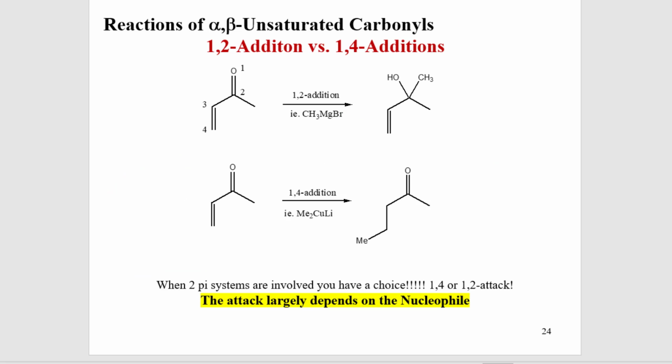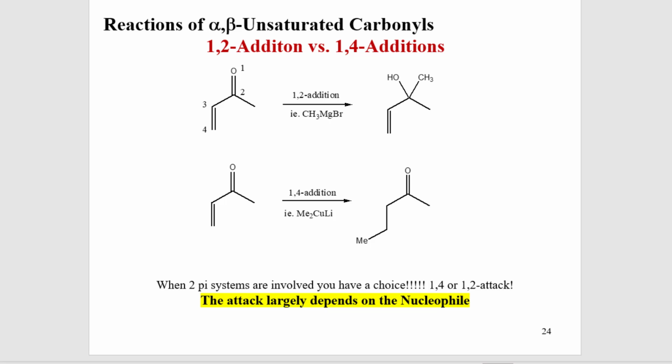The good news is that for the most part, the reactions that we covered that were indeed 1,2 additions, like the Grignard reaction, are still going to be 1,2 additions. And we will start seeing other types of nucleophiles, some new, some old, that are going to add 1,4.